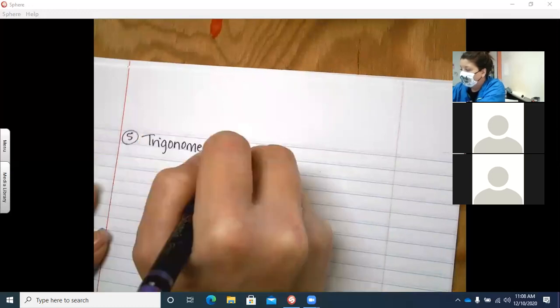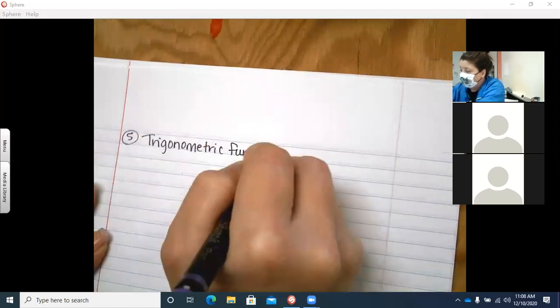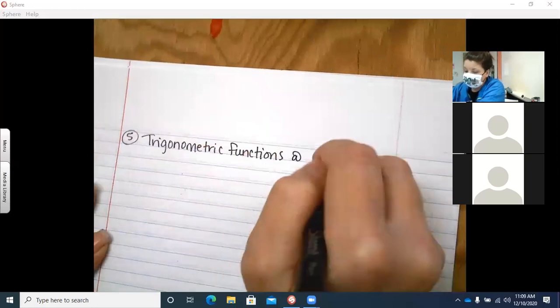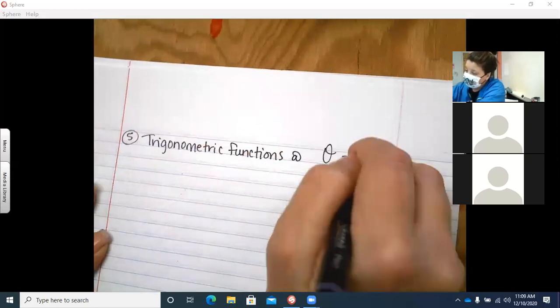Trigonometric functions. At theta equals pi over 4, which occurs frequently.